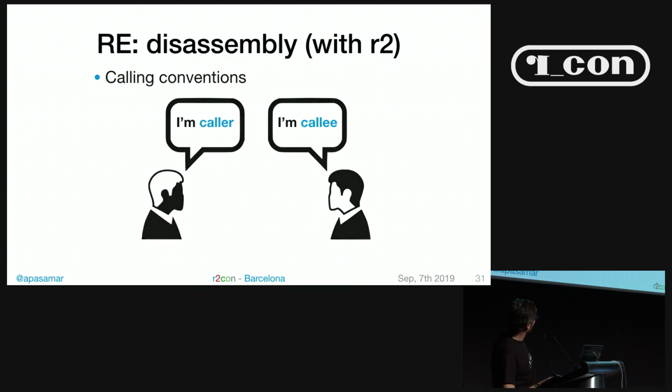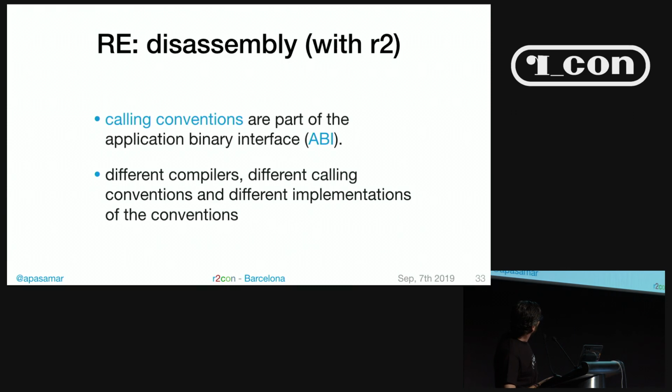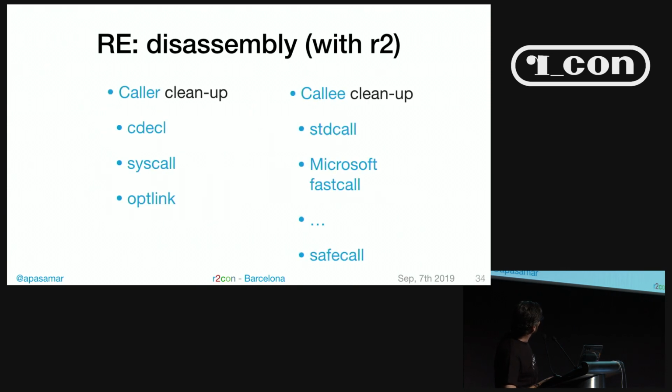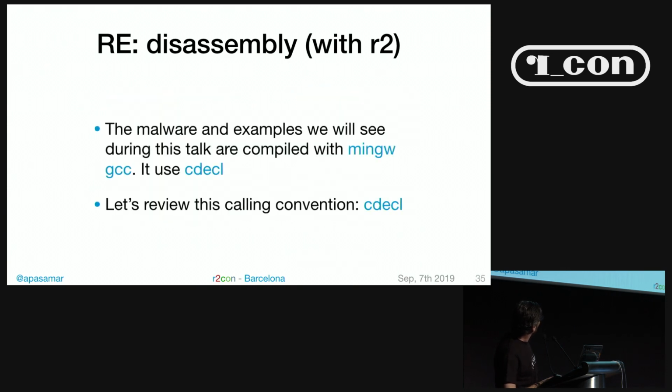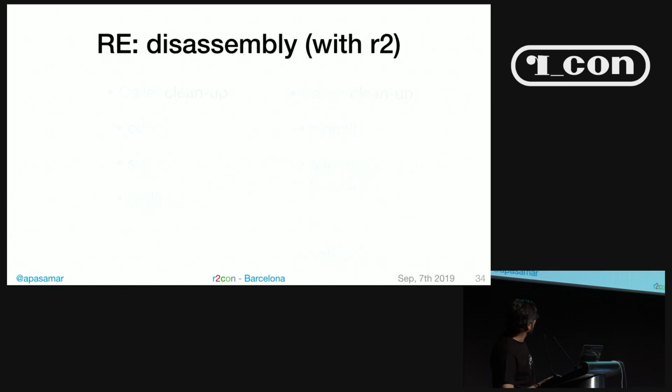Important to understand calling conventions, caller and callee, and we will see just an example. Well, there are different calling conventions. Because I'm using MinGW here, it is using cdecl, so we are going to review it.